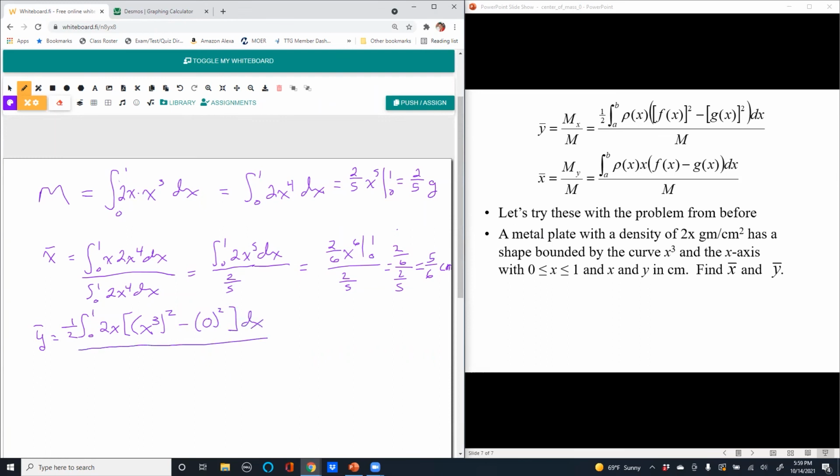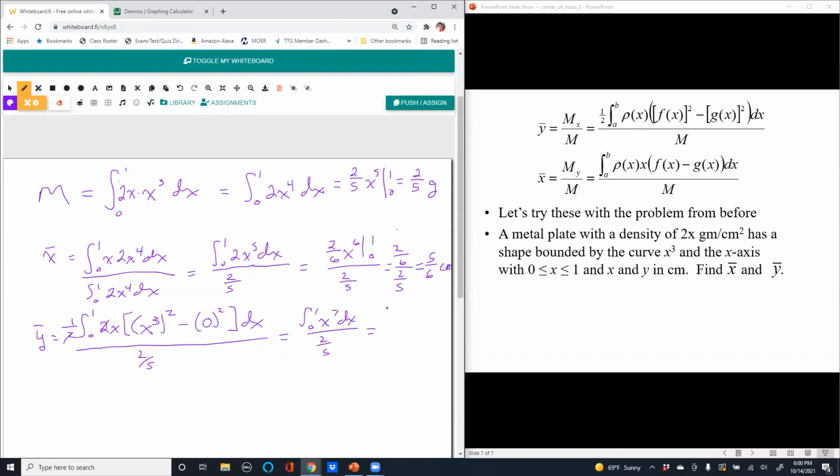dx, we already know the total mass is 2/5. And so, let's clean this up a little bit. Those will cancel. X cubed squared, that's x to the 6th. And then times another x is x to the 7th. So we have the integral from 0 to 1 of x to the 7th dx over 2/5.